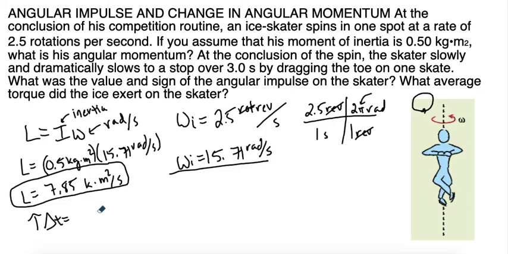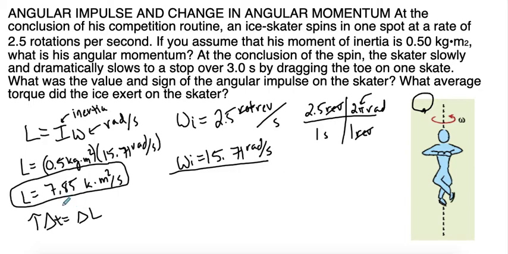And then our other equation is that angular impulse is equal to the change in our angular momentum. This one might be the easier one to use here, just because we don't really have to figure out a final angular velocity or anything like that. We're just looking for our impulse here.